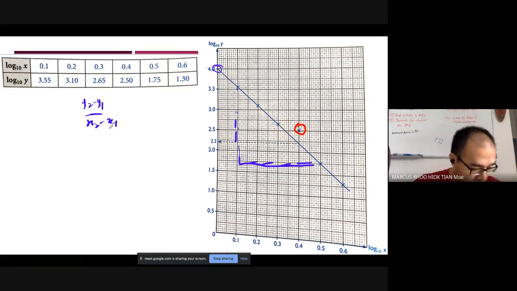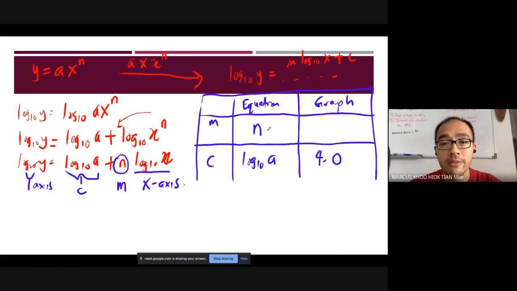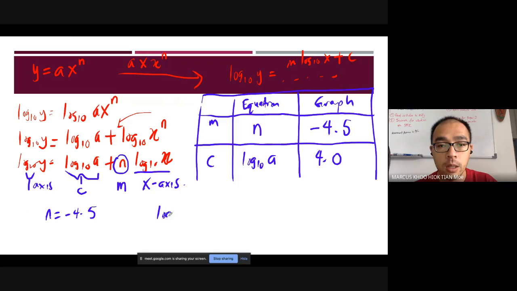According to this book, you should get the value of gradient lebih kurang negative 4.5. So this means that n sama dengan negative 4.5, and log 10a equals 4.0.